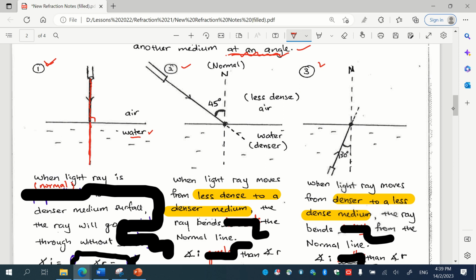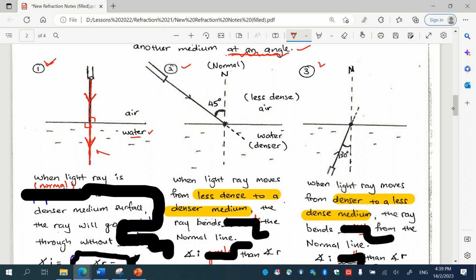So can you draw this first ray with an arrow going downward? Since the incident ray is coming downward, it goes through the water also straight down and is perpendicular to the surface. So rule number one, when the ray is perpendicular to the surface, it will go straight through. There's no bending, no refraction, but the speed will slow down.